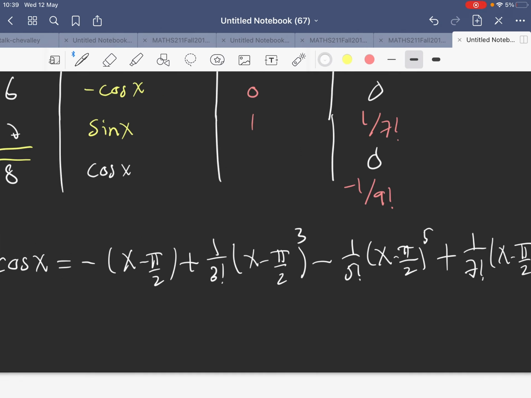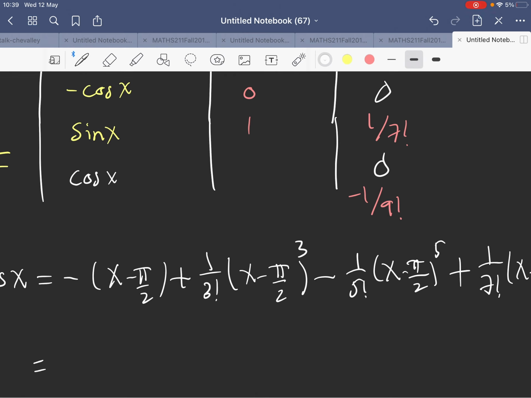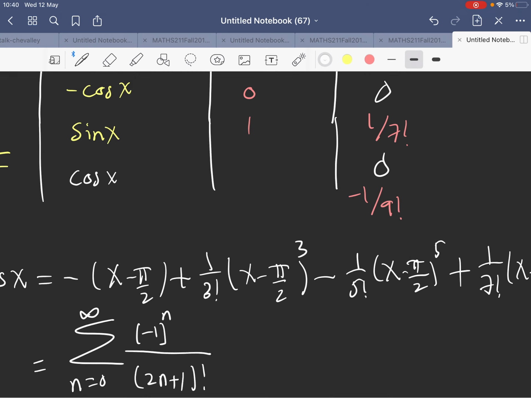So if we just put everything together, what we have is the alternating sign, then the odd factorial, and we remember we said odd is 2n plus 1, and then we have x minus pi over 2 to the power of the odd.